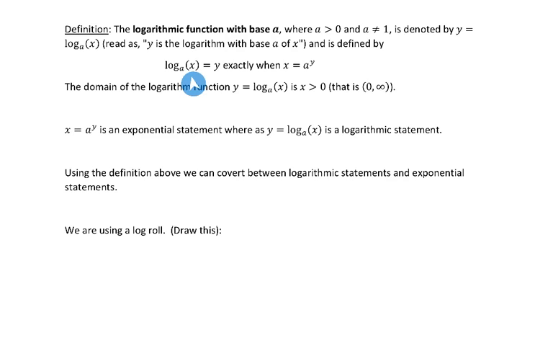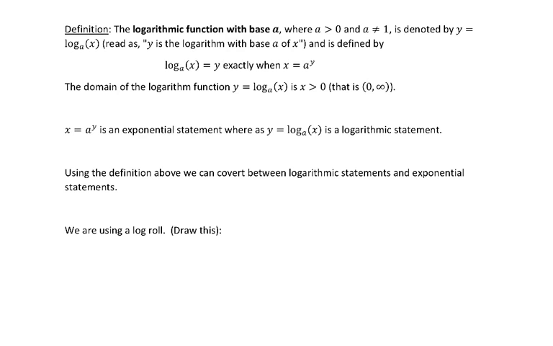Namely, the logarithm with base a of x is equal to y exactly when a to the y is equal to x. There is actually a very good visual way of remembering that using what's called the log roll, which we'll see shortly. But really, this is the definition of it.